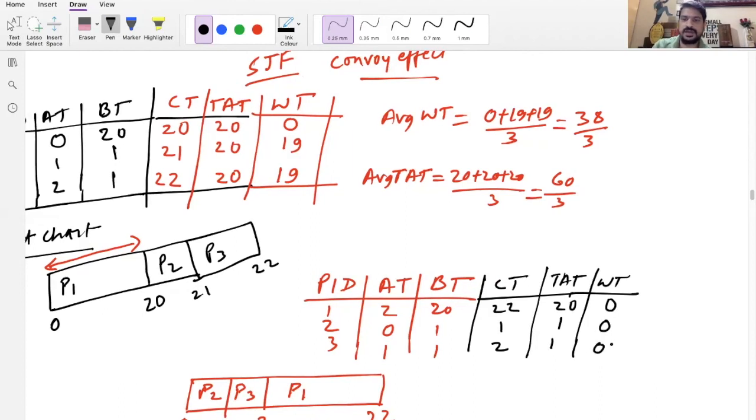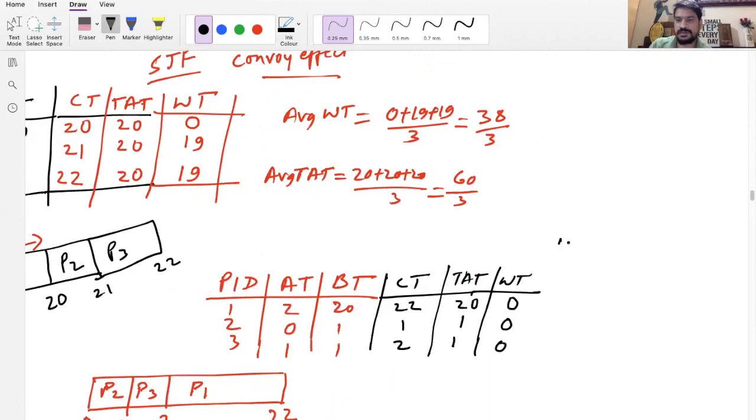So the average waiting time we get here is 0, and the average turnaround time is 22 divided by 3. In the earlier example the turnaround time is 60 divided by 3, and the average waiting time is 38 divided by 3.